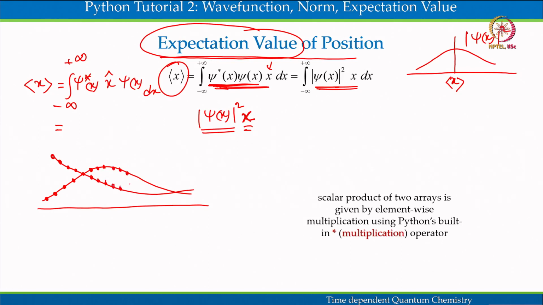It is a simple scalar multiplication, multiplying each element to get the final form of the total function. This element has to be multiplied by this element, and each element is defined by its own grid point. Corresponding to each grid point, I have two elements coming from the two functions, and they need to be multiplied. So it is an element-wise multiplication because it is a scalar multiplication.